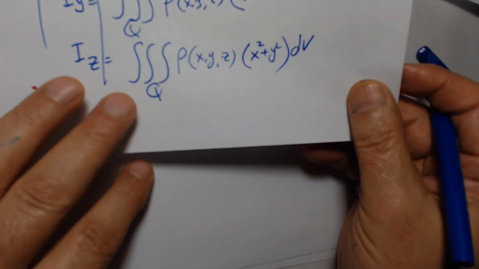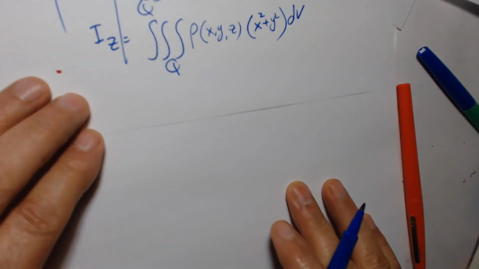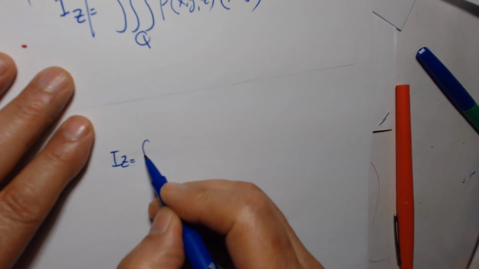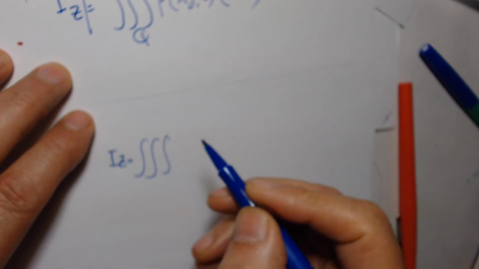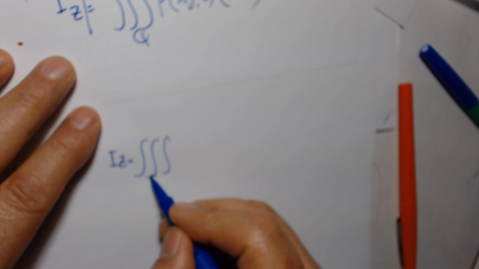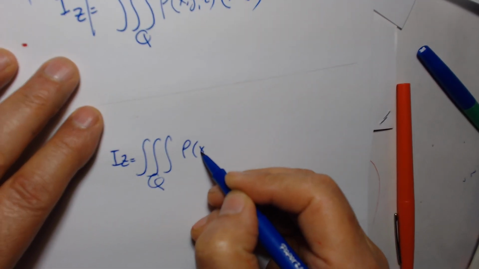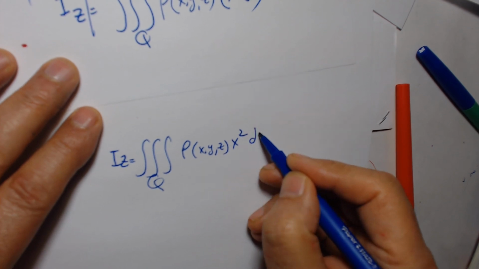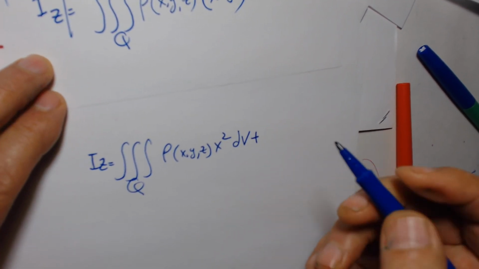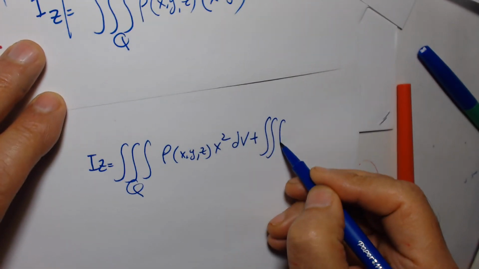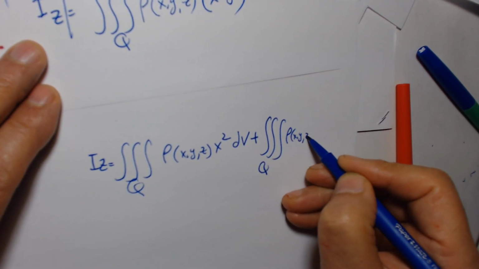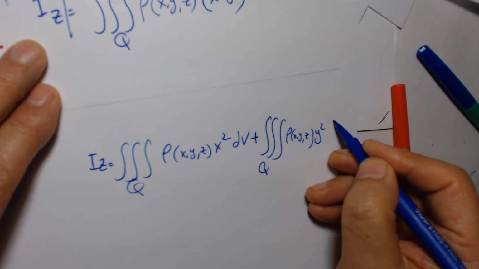But please pay attention. What do you have right here? In here I can write the Iz as, break it down to two triple integrals: the triple integral of rho x squared dv plus another triple integral of rho y squared dv.